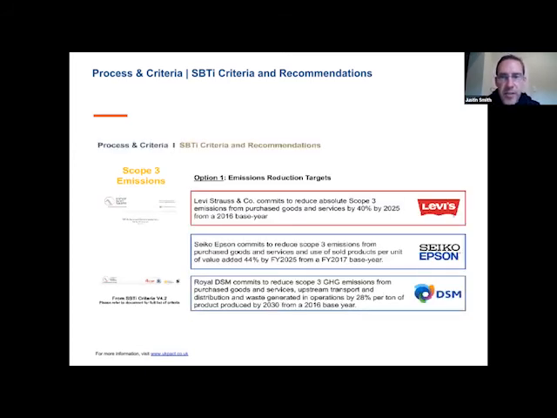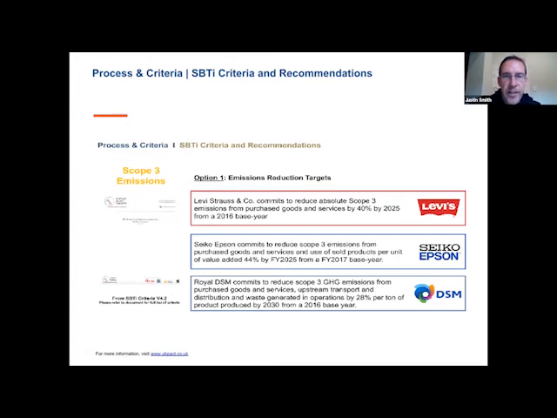We have seen some interesting developments and different options being put forward from different sector actors already. So Levi Strauss, as an example, reducing absolute scope 3 emissions from purchased goods and services by 40% by 2025. So just in a 10-year time period trying to achieve that.